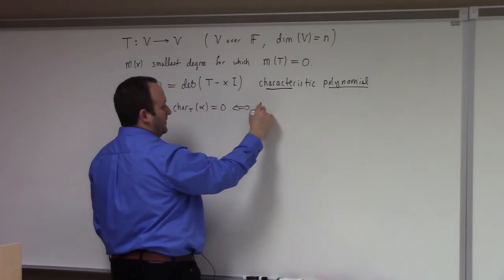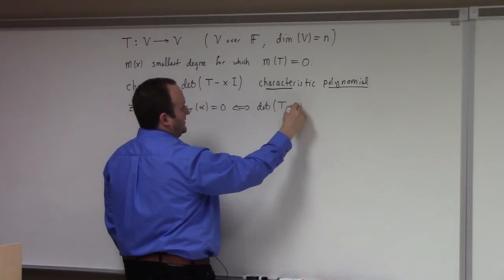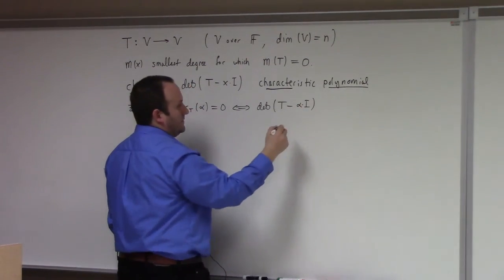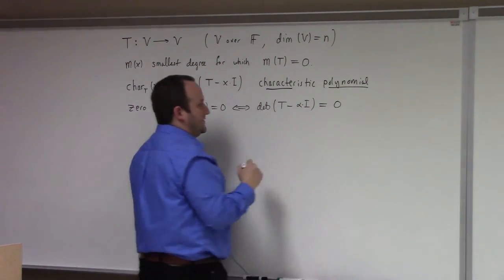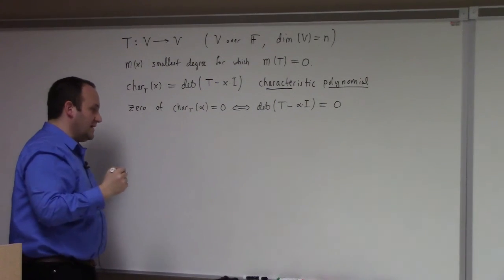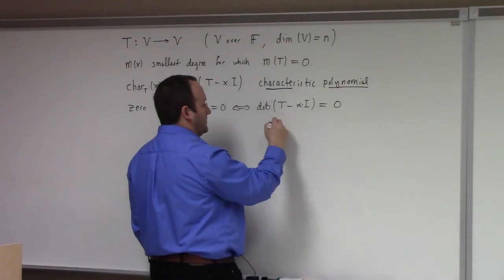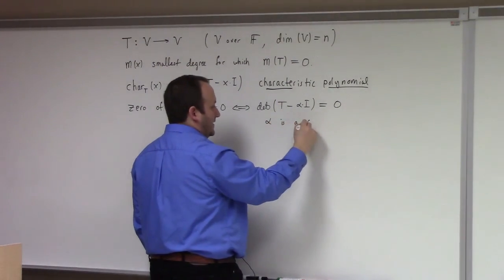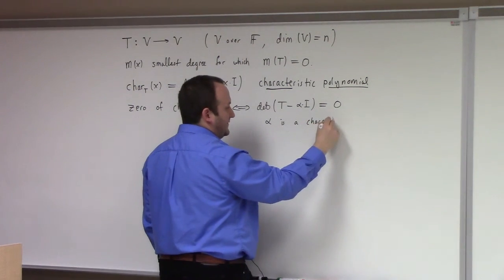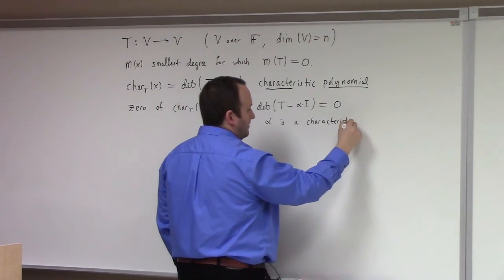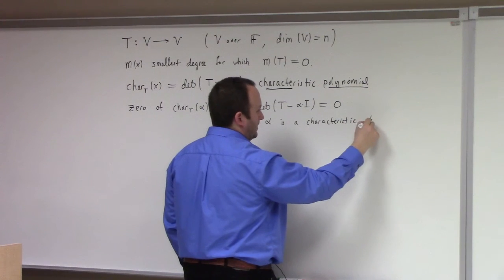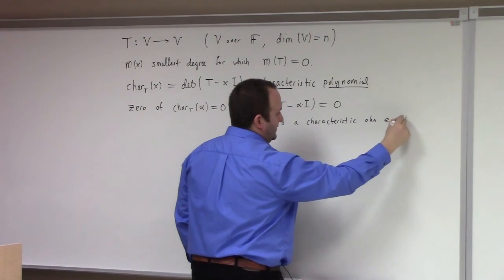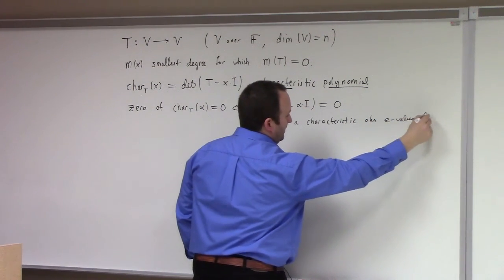The determinant of T minus alpha times I is equal to 0. Well, such a value, alpha, is known as a characteristic value or eigenvalue of T.